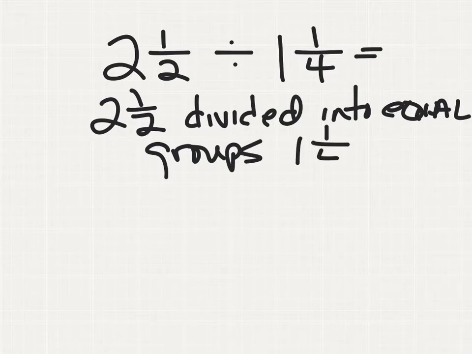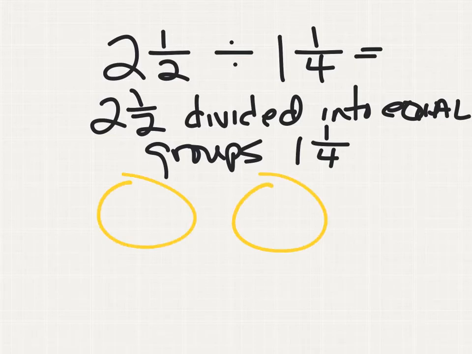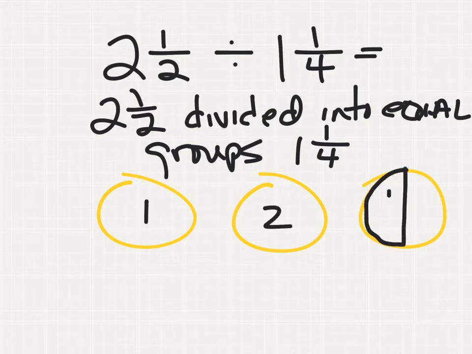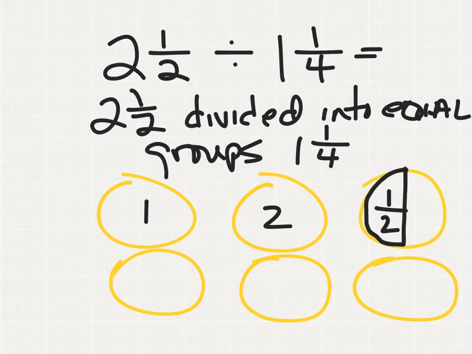They are each 1 1/4. So 2.5. I think we'd agree. 1, 2, and here's my half. So if below it I draw a picture using the same counters, only this time I cut them into fourths.